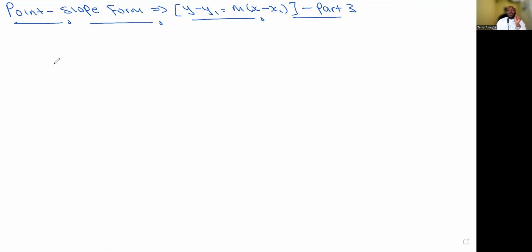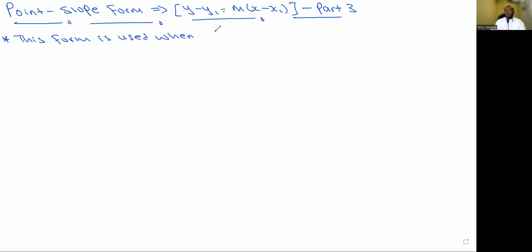Now, this point slope form is the form that is used when you have only one point and one slope.